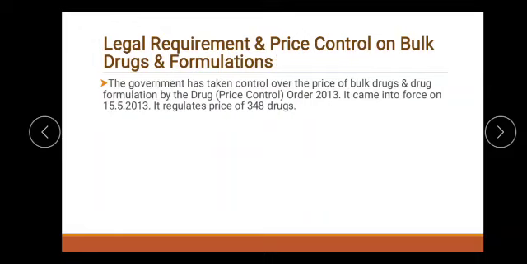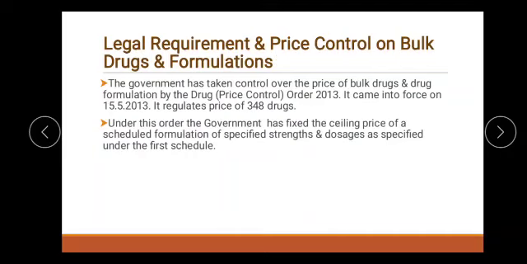It regulates the price of 348 drugs. Under this order, the government has fixed the selling price of scheduled formulations of specified strength and dosage as specified under the first schedule. This is calculated as under.